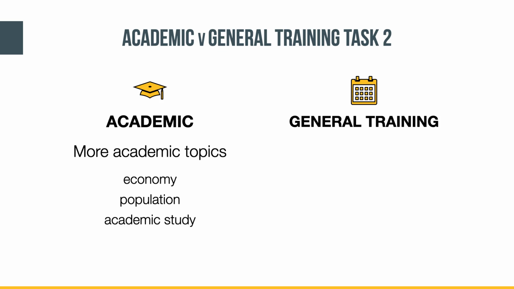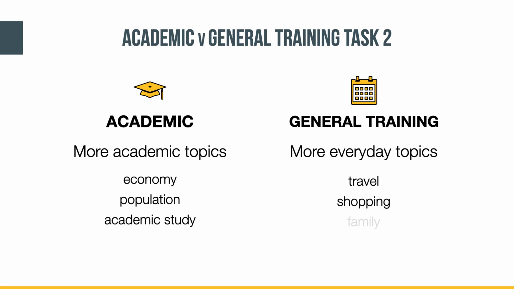Whereas the general training test tends to have topics that are more on everyday issues, such as travel or shopping or the family. However, there is a very big overlap between the two tests. So you can still get essays about travel or shopping or the family in the academic test, and you might get questions about the economy, population or academic study in the general training test.